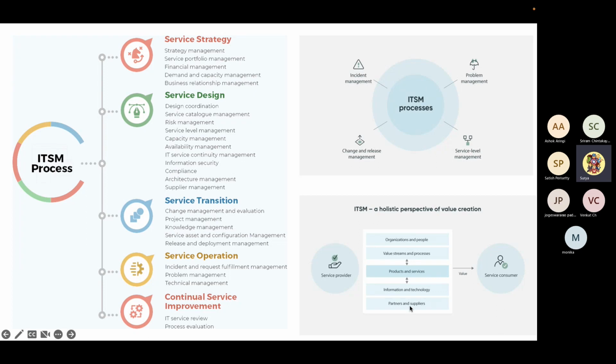And the final one is partners and suppliers, like the leadership in the service providers as well as the leadership in the consumer. All these things will coordinate together to make this particular service reach the service consumer, who perceives the value and needs to get satisfaction from the thing they are using, right? You can't buy a black and white TV now, because it won't satisfy your need.